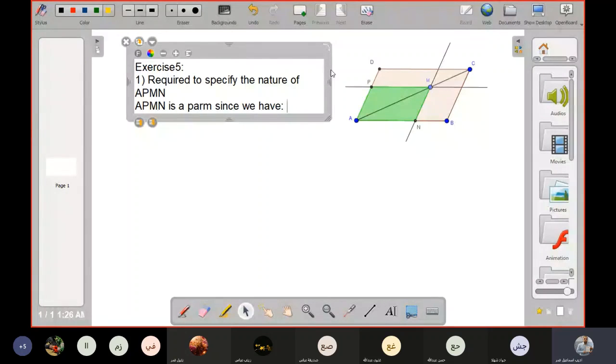Yasmin, do you have the answer? What is the reason that makes this quadrilateral APMN a parallelogram? Is PM parallel to AN?